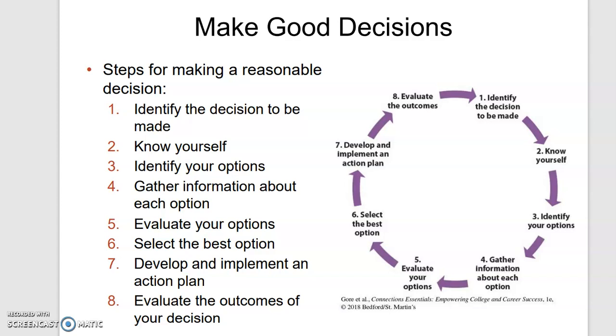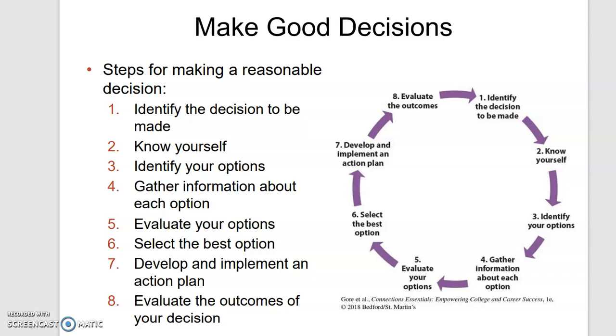The fourth step is where you start to gather information about your options. So you may need to do some research about potential choices and options you have. The fifth step is where you start evaluating your options. Here's where you can start judging those options you brainstormed in step 3.